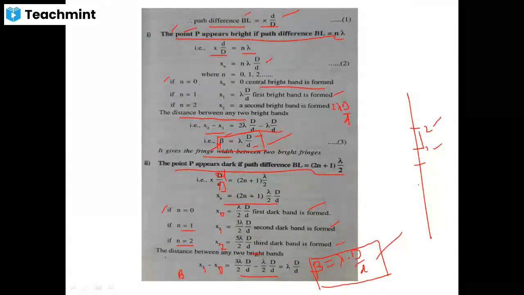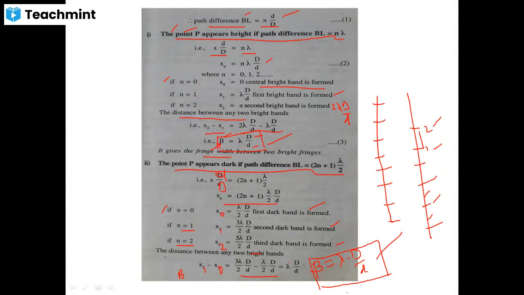Whether you take two consecutive bright bands or two consecutive dark bands, the fringe width is exactly the same. So on the screen, the bands are placed at equal distances, uniformly placed.